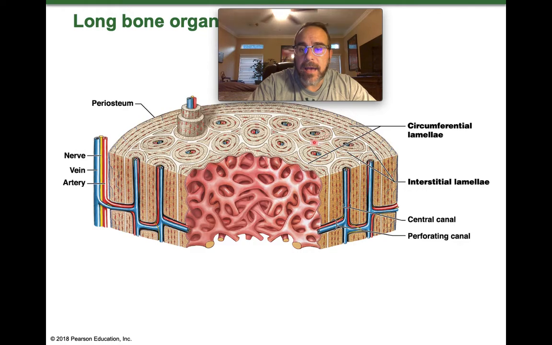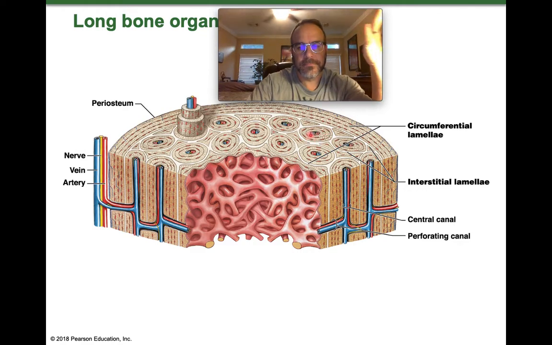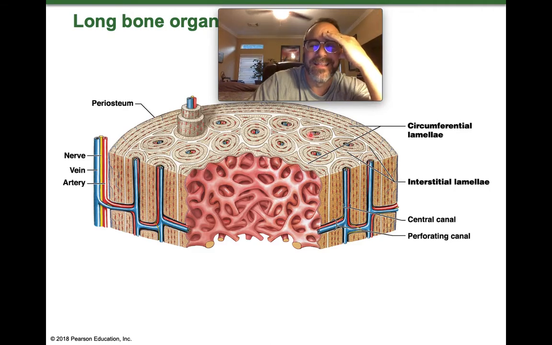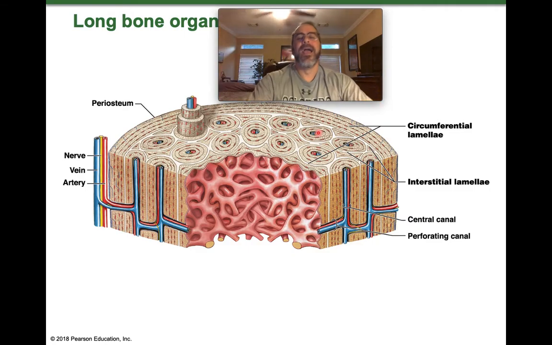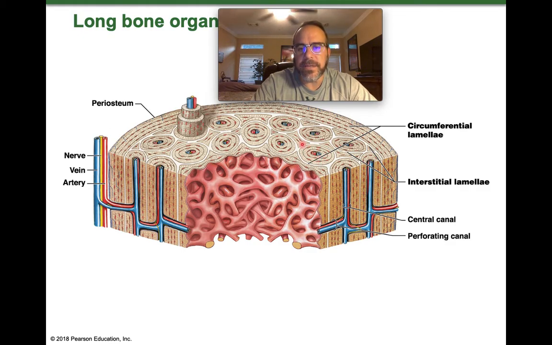And here you have the circumference, oh my God, it just went out of my head. The concentric lamellae. There we go. So circumferential lamellae out here, outer circumference, inner circumference, concentric lamellae here, because it's concentric rings, interstitial lamellae here.